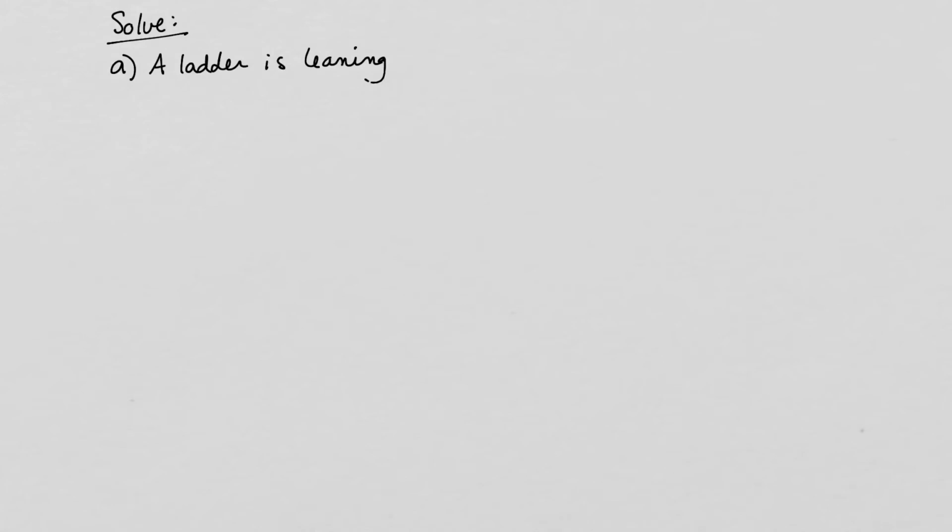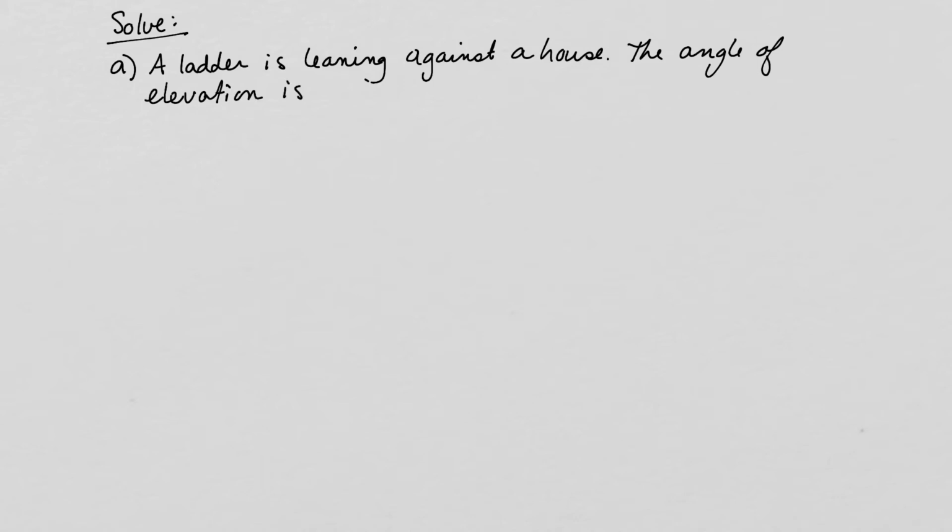Okay, so a ladder is leaning against a house. The angle of elevation is 61 degrees.